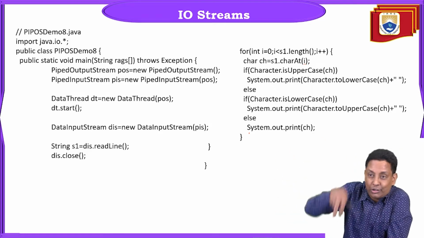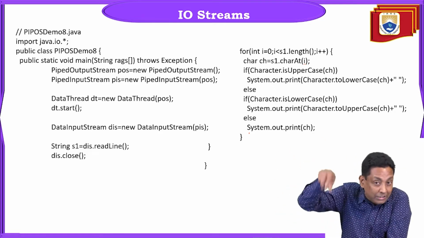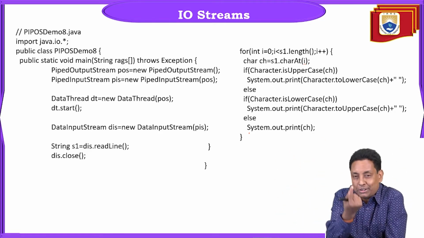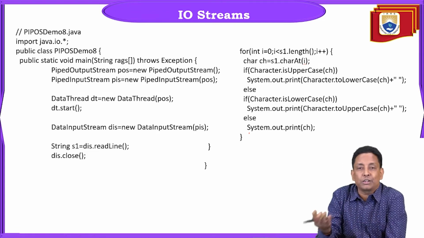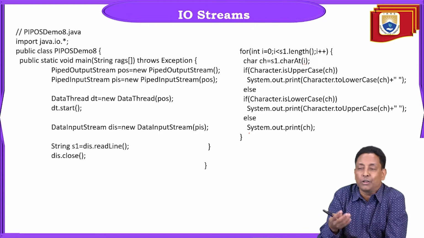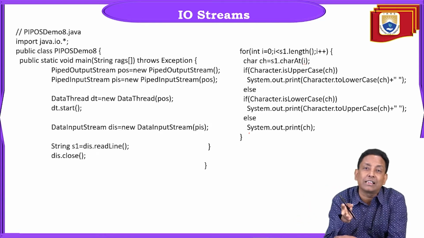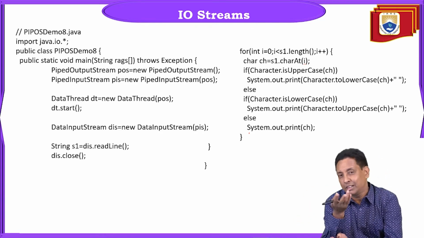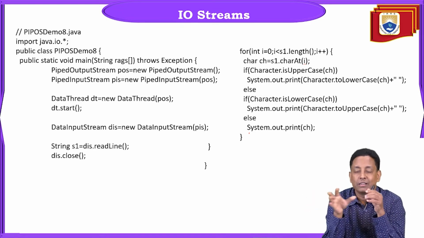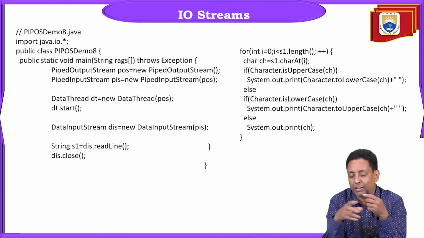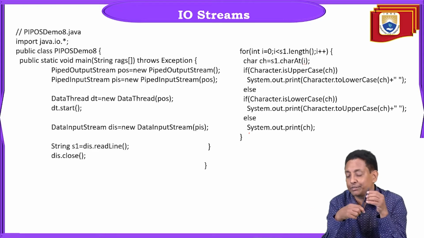You need not store it into a Character object through a constructor and then perform operations. What you want to do is convert uppercase to lowercase, lowercase to uppercase, check whether it is a letter or a digit, or find the Unicode or ASCII value of that character. For that, static methods are sufficient.